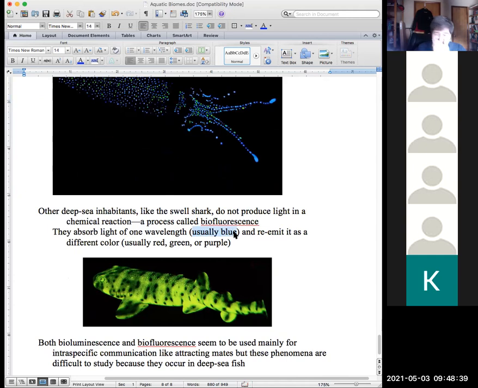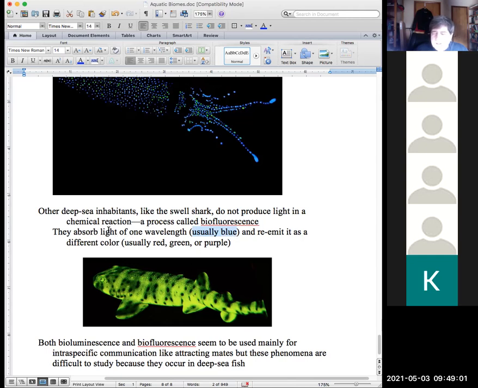And the reason it's usually blue light for animals that do this is because the reason water is blue is because water scatters the blue wavelengths. So blue isn't absorbed when it hits water. So that means if you live further down in the ocean, there's still some blue light available. The other colors are mostly absorbed before they get very deep.